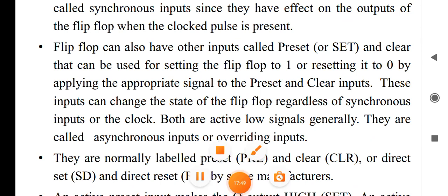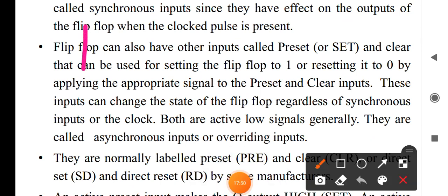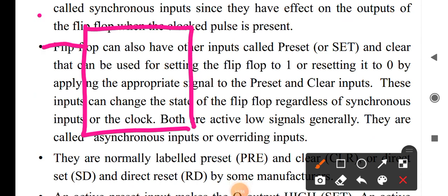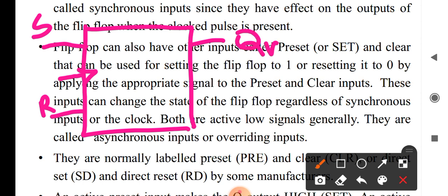Say for your SR flip-flop, regardless of your value of Qn and Qn complement, when S is equal to 0 and R is equal to 1, we get the complemented value as 1, then 1 complement is equal to 0 here.